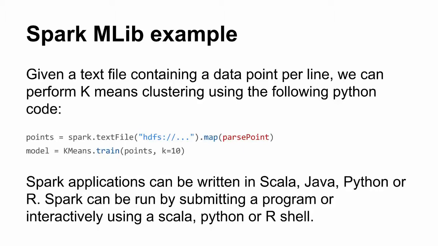So this function parsePoint would be defined by us and would, for example, split by comma and select the first element as the value and the rest of the elements as the coordinates, for example, and then we train the model, and then we can read off the results from that model.